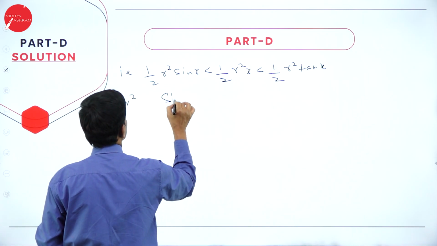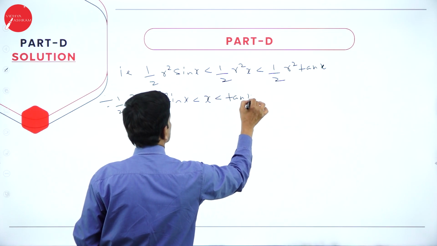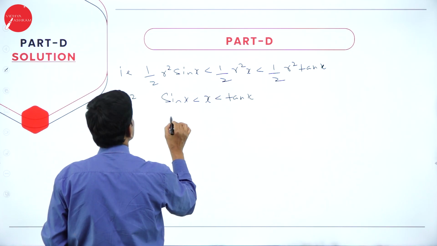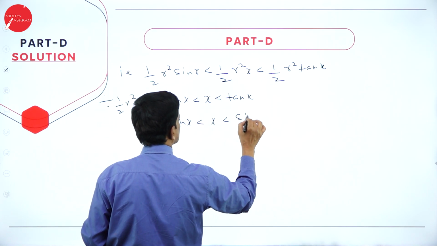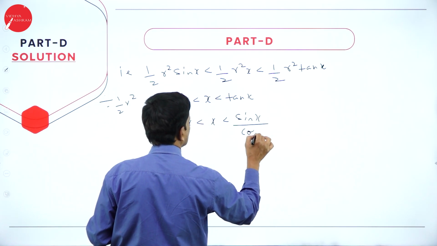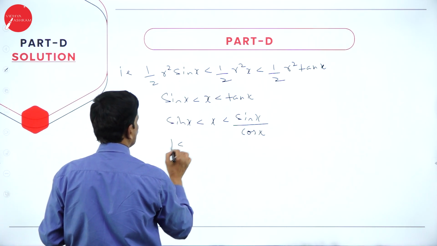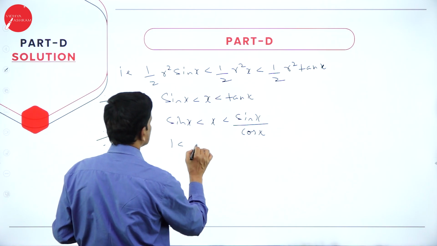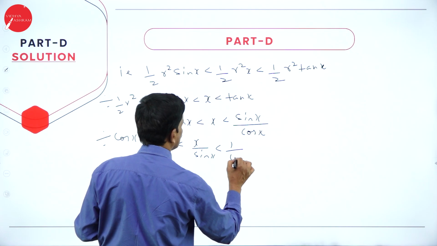So what you will get? Sin x less than x less than tan x. Tan x is sin x by cos x. Now divide by sin x. Sin by sin gets cancelled, so 1 less than x by sin x, which is less than 1 by cos x.